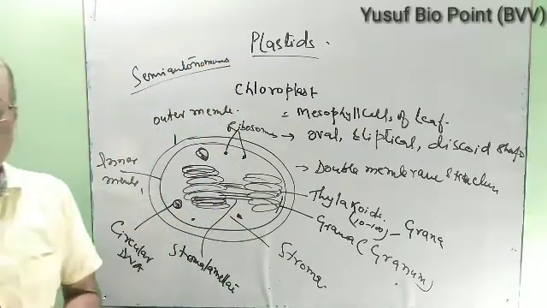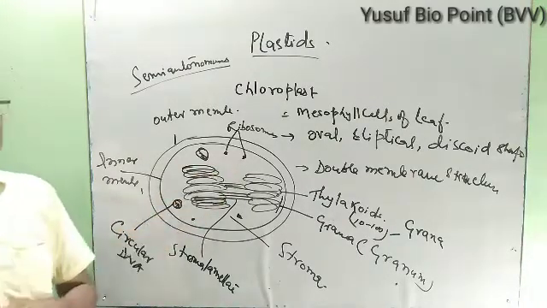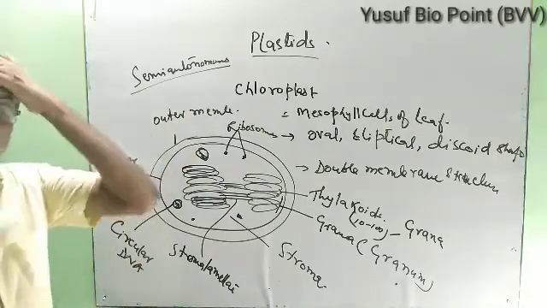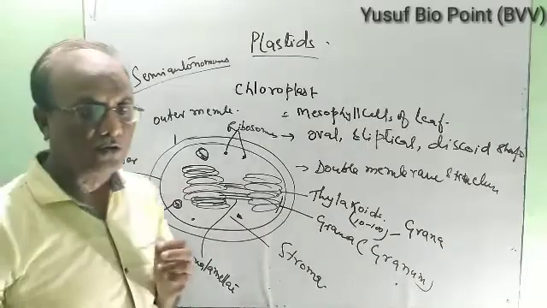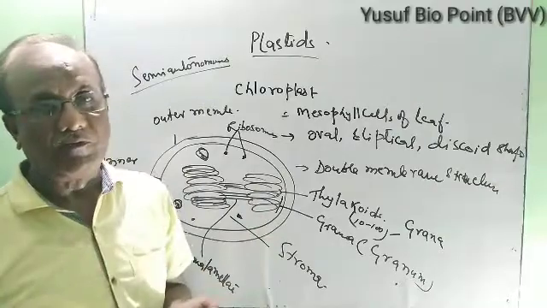Like mitochondria, which also has its own genetic material and ribosome, these two structures, plastids and mitochondria, are semi-autonomous because they do not depend on the nucleus for their functions.